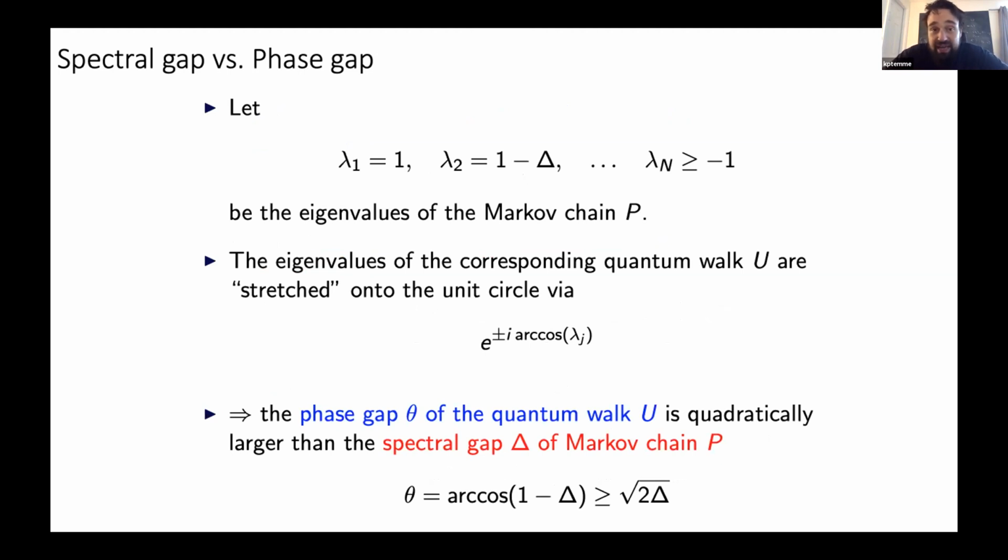If you originally had the spectrum lambda 1 through lambda n, say, all the eigenvalues of the Markov chain, then you can show, by working in the eigenbasis of your random walk, that the phases of your unitary are just going to be e to the plus minus i arccosine of lambda j.